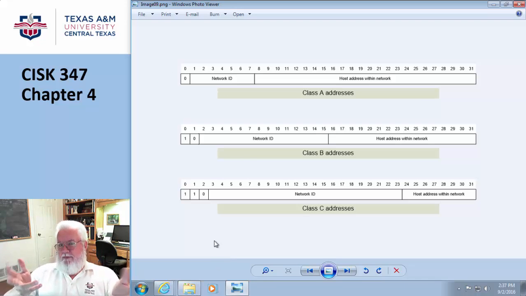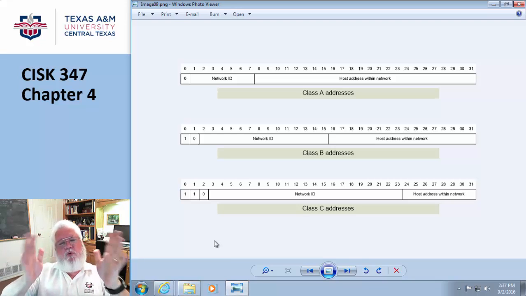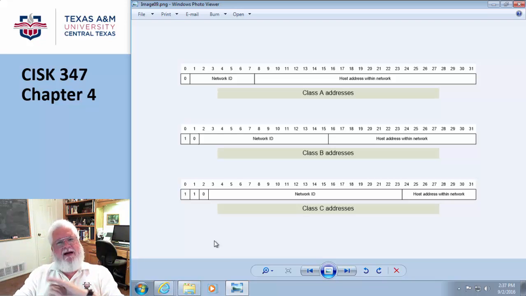But what this really means is, if you give me the first quarter of an IP address, it's called the octet. In the dotted decimal notation, that's that first number. You give me that first number, and I don't even have to look at the second, third, and fourth. Given the first number alone, I can tell you if you have a Class A or B or C. Cool. Because of this special little coding they have in there.